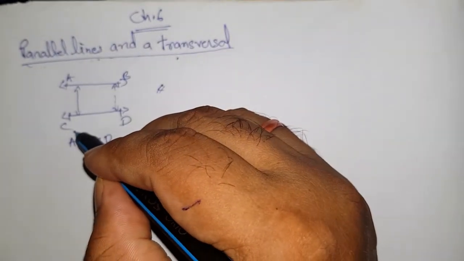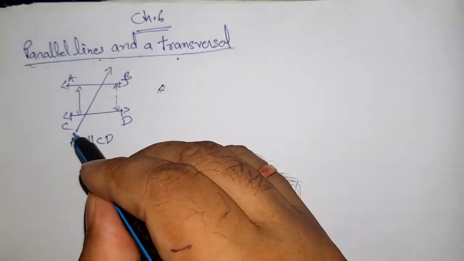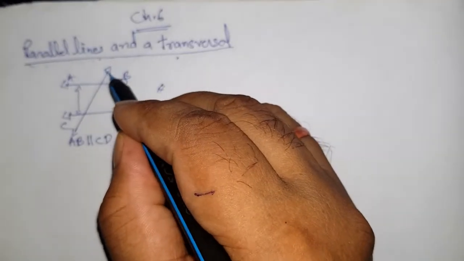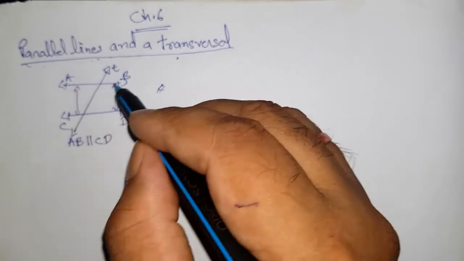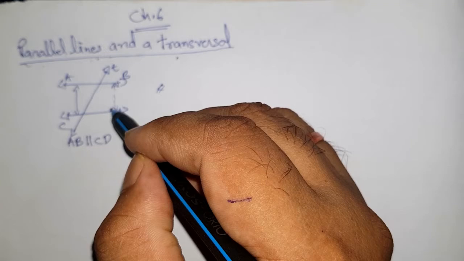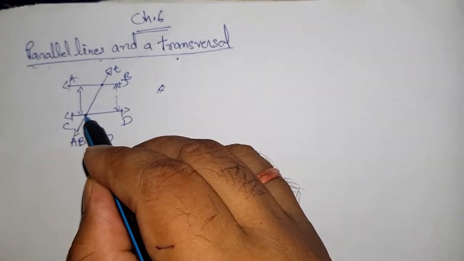Now, if there is one more line passing through these two lines, we can take it as line T. And this line T is passing through AB and CD, and touches at 2 points.